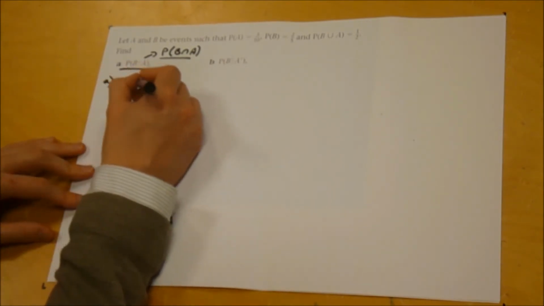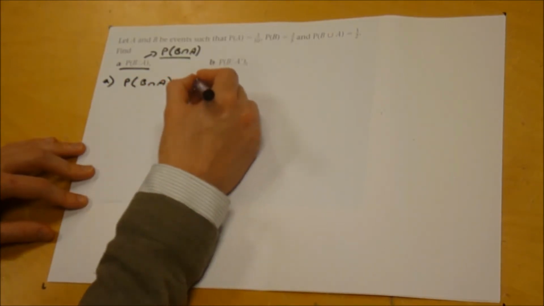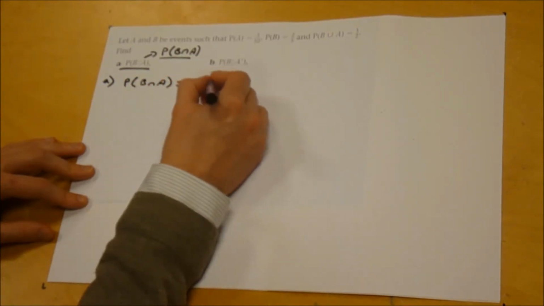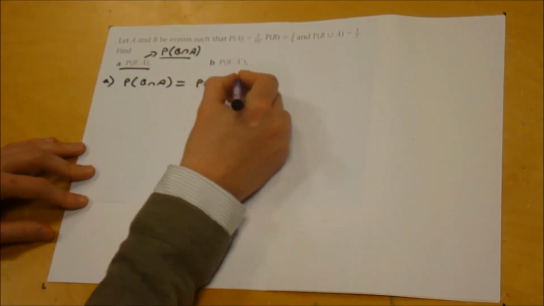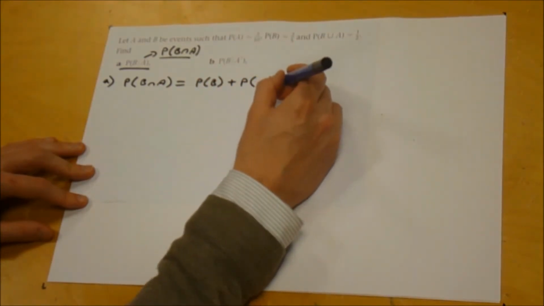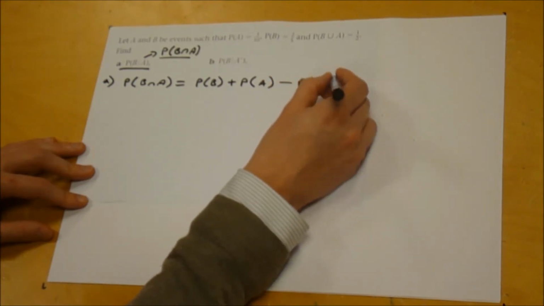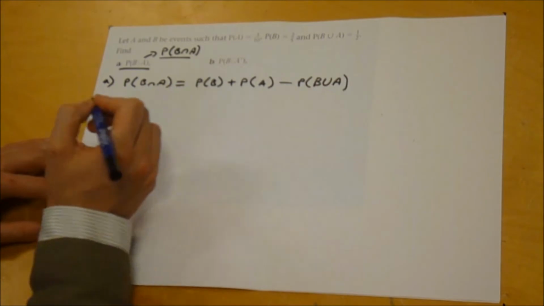So the probability of B and A occurring is going to equal the probability of B plus the probability of A occurring minus the probability of B or A occurring.